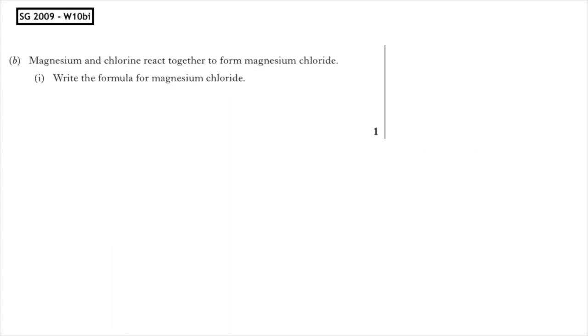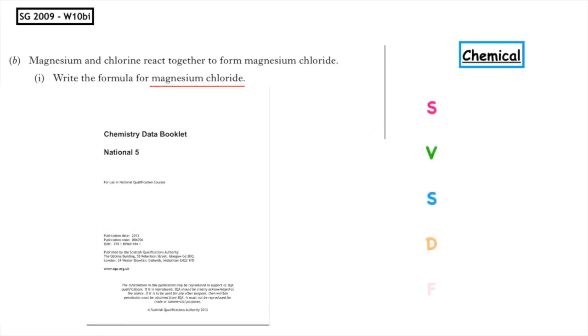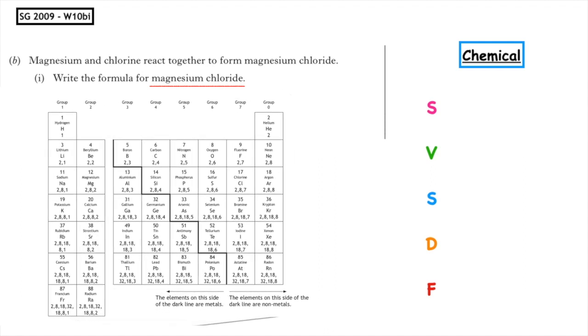This last past paper question is from the standard grade 2009, written 10B part 1. Magnesium and chlorine react together to form magnesium chloride. Write the formula for magnesium chloride. We write our SVSDF, chemical symbol for magnesium is Mg, it's found in group 2, valency 2.